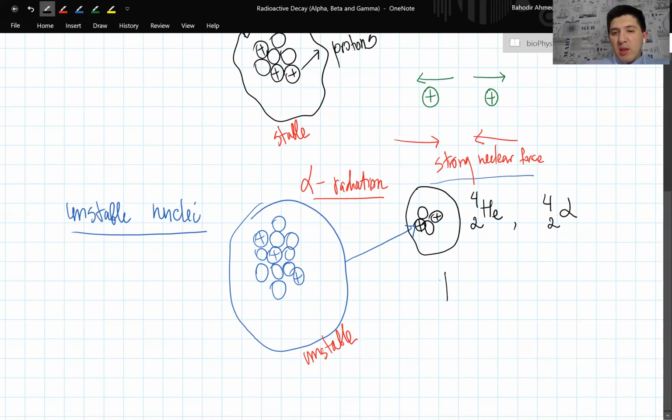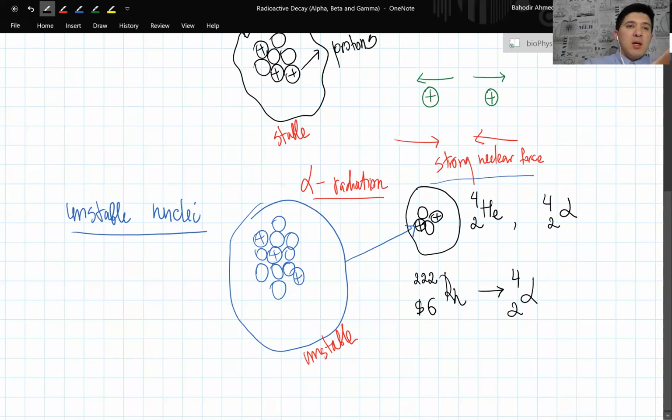For example, radon with 222 neutrons and protons and 86 protons can emit the alpha particle, can do the alpha radiation. In this case, the alpha is going to have 2 protons and 4 particles. The atomic mass of the alpha particle is going to be 4.